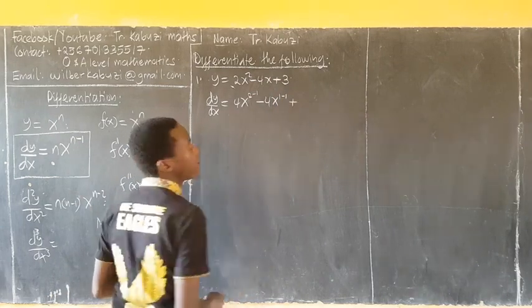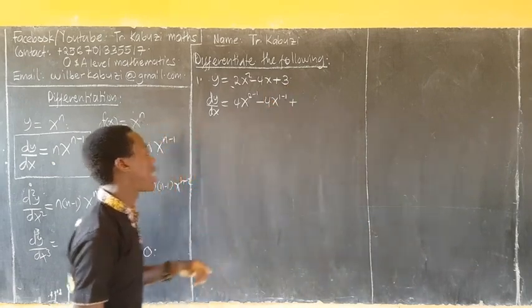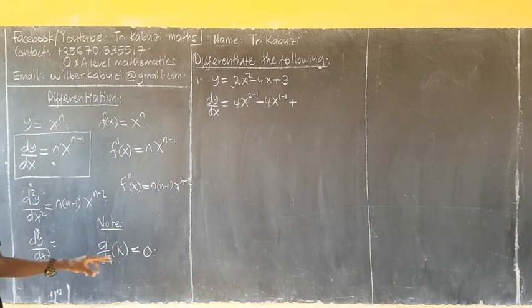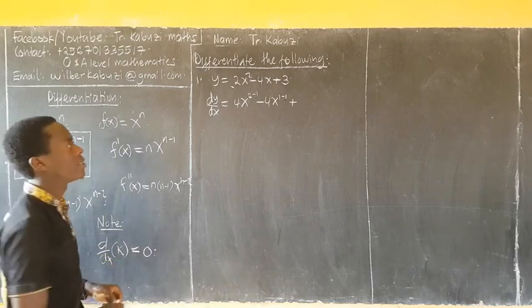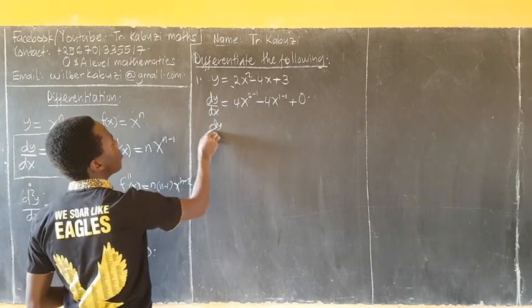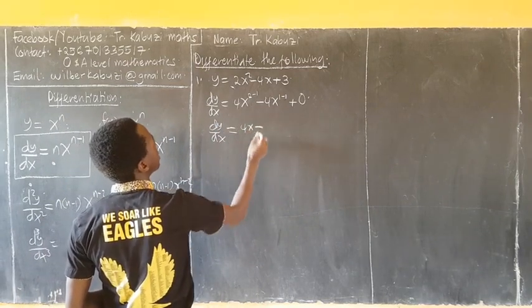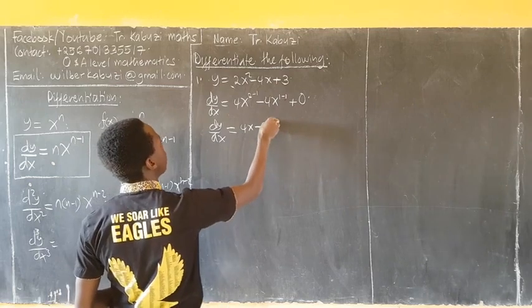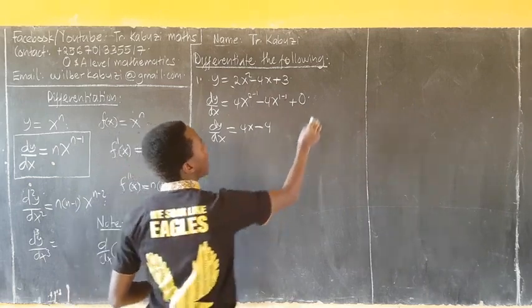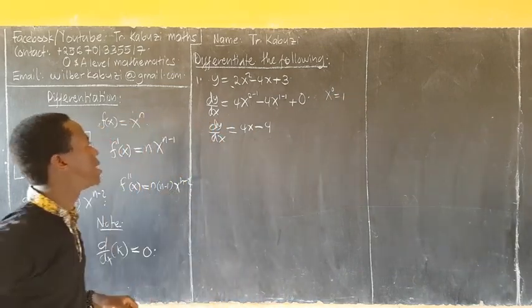Then plus 3, which is a constant, and whenever you differentiate a constant, you get 0. So now dy/dx is 2x minus 4. x power 0 is 1, and 1 times 4 gives that.